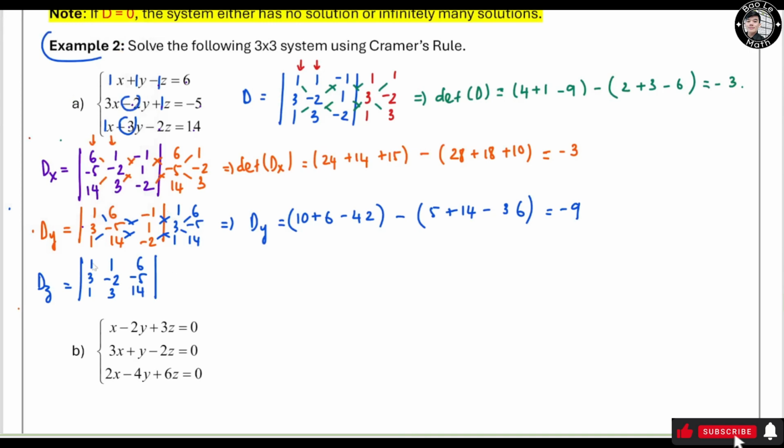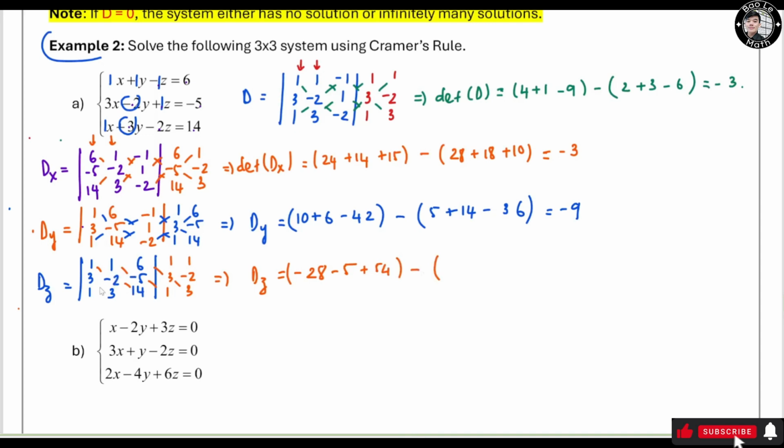Now we're going to copy the first two columns over here. Then dz is 1 times -2 times 14, -28. 1 times -5 times 1 should be -5. 6 times 3 times 3 should be 54.